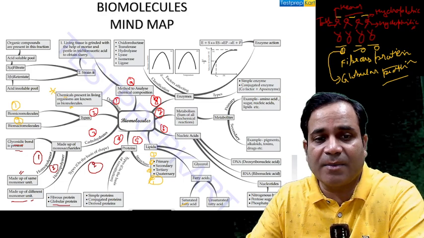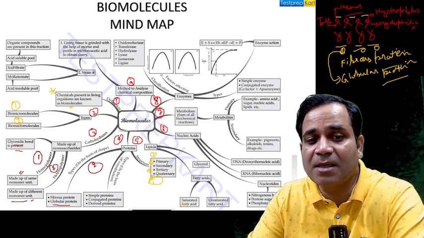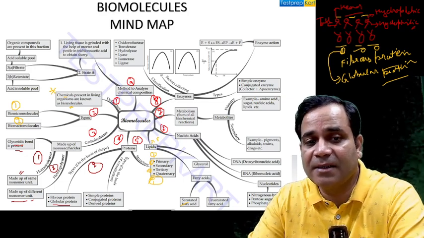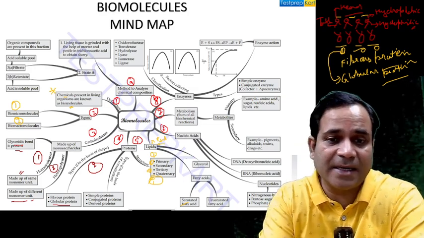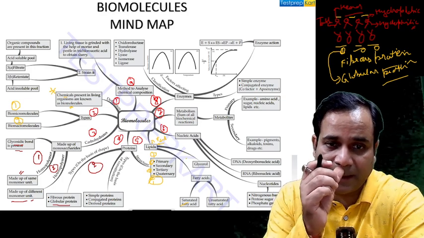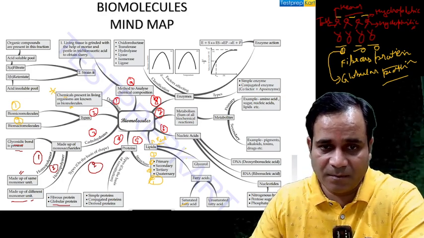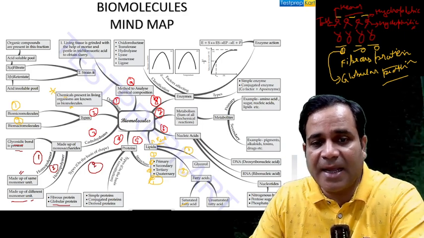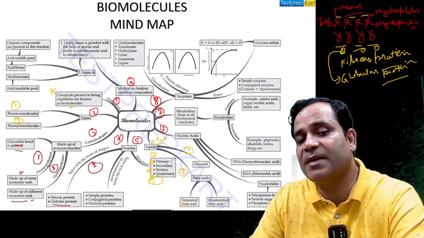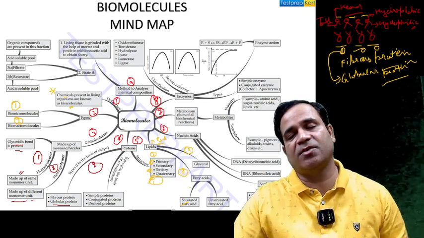Now see, what about the lipids in biomolecules? Lipids, that is what? Fat. In lipids, it is classified into what? First, Glycerol, my dear. Second one is what? Fatty acid. And this fatty acid is of two types: saturated fatty acid and unsaturated fatty acid.